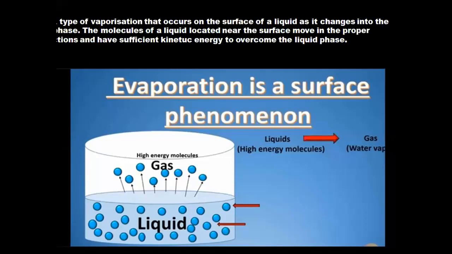The molecules located near the surface, moving in the proper direction, have sufficient kinetic energy to overcome the liquid state. Thus, evaporation is a surface phenomenon where high energy molecules of liquid convert into gaseous state.